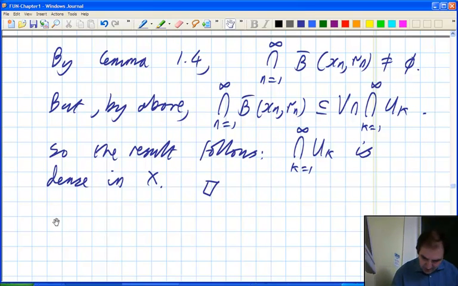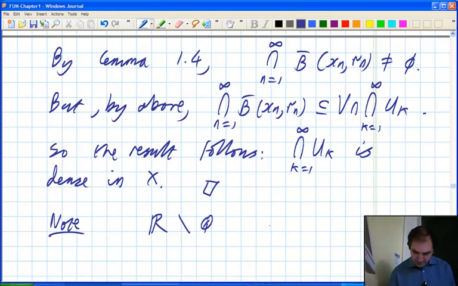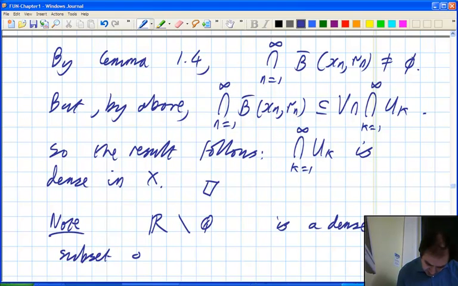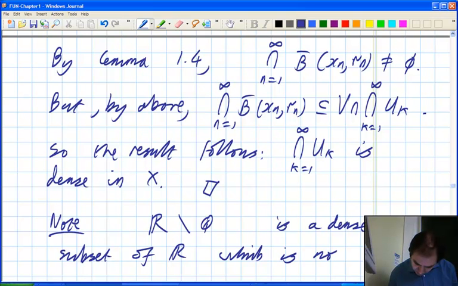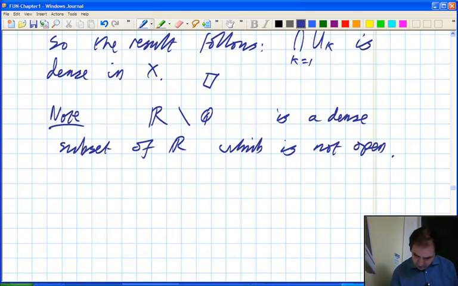So note that R take away Q is a dense subset of R, which is not open, but you can get to R take away Q as an example of something you can do in the Baire category theorem.